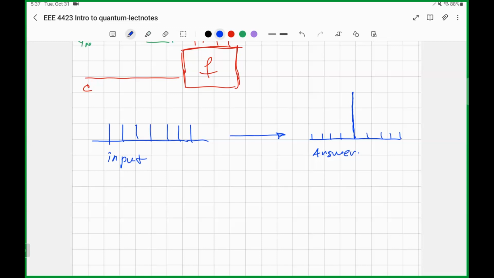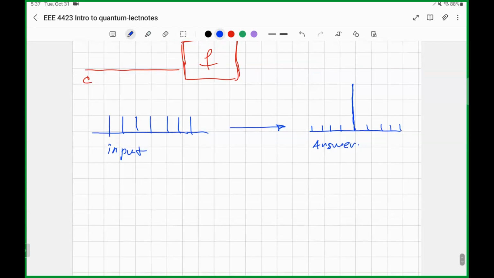We design this function f for searching for a particular element there, and then, in just a single shot or a number of shots, we get the probability distribution with the amplified state of the answer, the element that we are looking for.